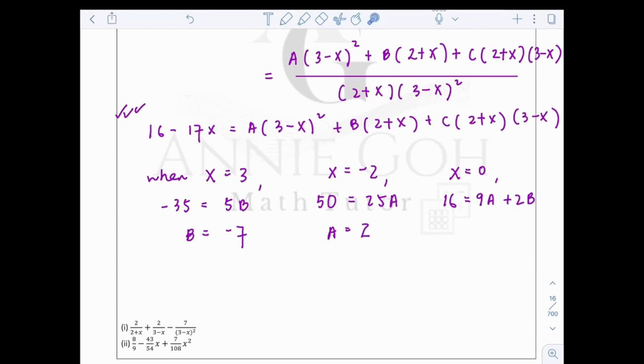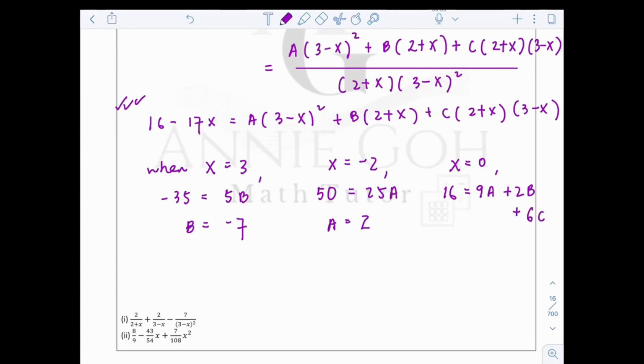Then sub 0 into these two values here, I get 2 times 3, which is 6c. Alright, so since we have this equation already, we can sub in both the a and b value that we found out earlier. So 16 will be equals to 9 times 2 plus 2 times negative 7 plus 6c.